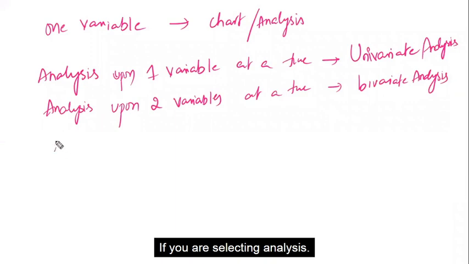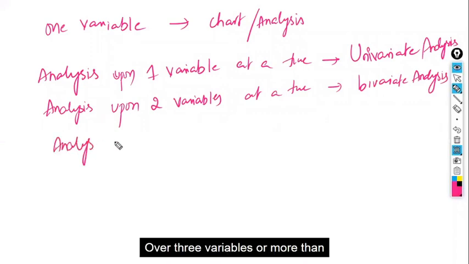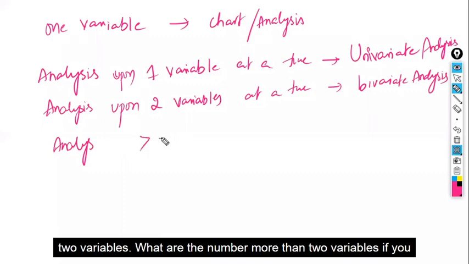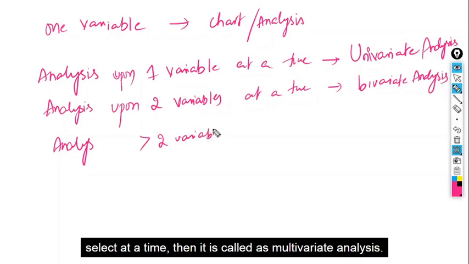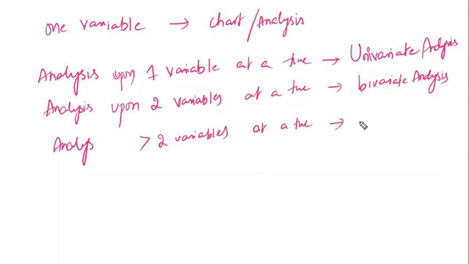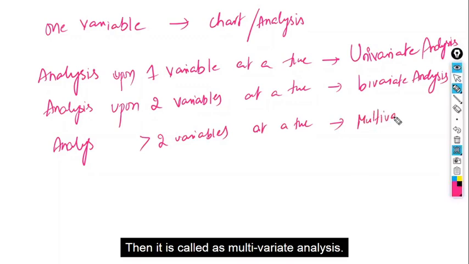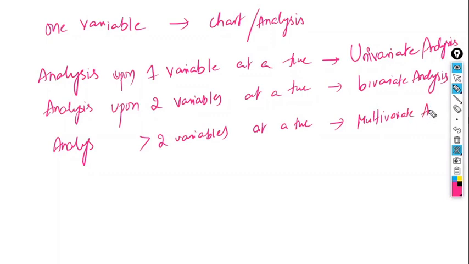If you are selecting analysis over three variables or more than two variables, whatever the number, if you select them at a time, then it is called multivariate analysis.